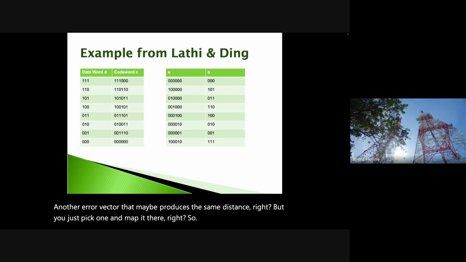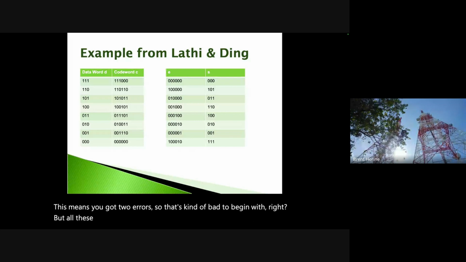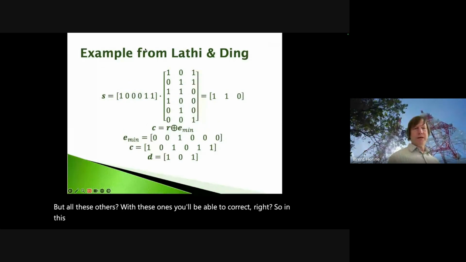This means you've got 2 errors, so that's kind of bad to begin with. But all these others with these ones, you'll be able to correct. So in this case, we ended up with 1, 0, 1, 1, 0.